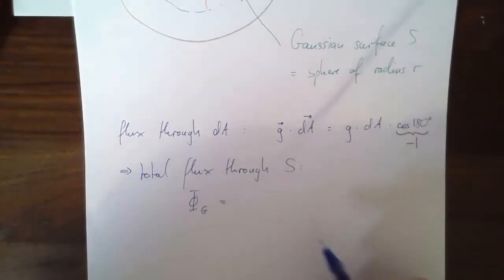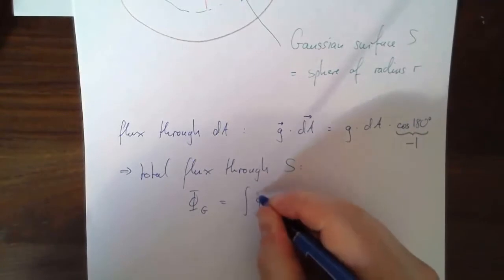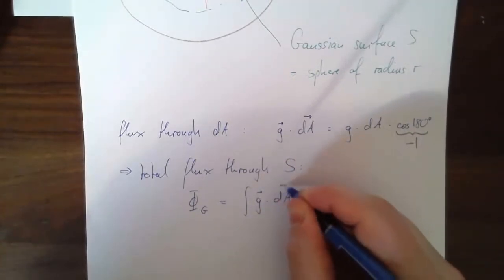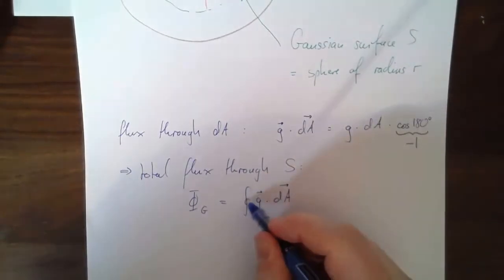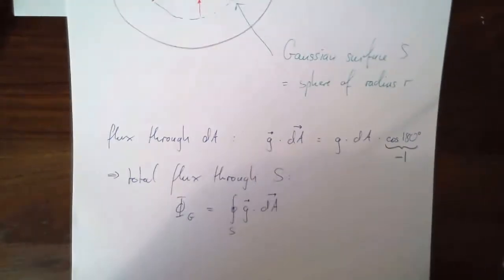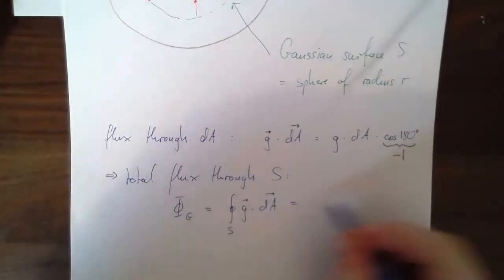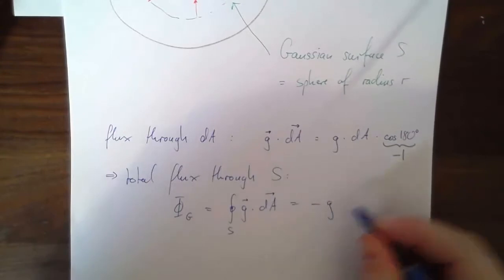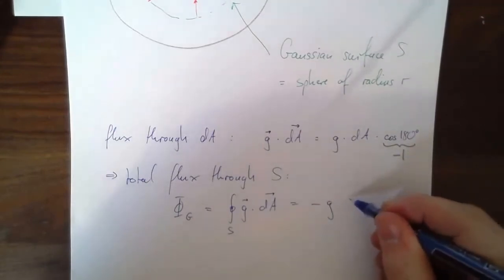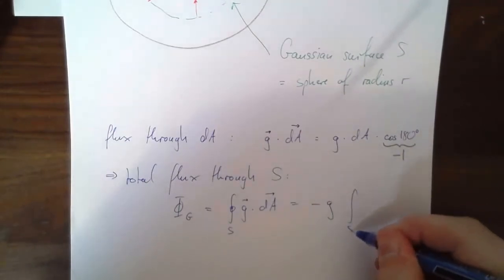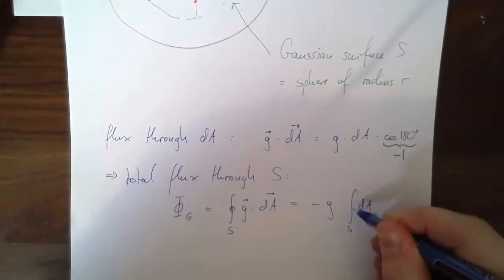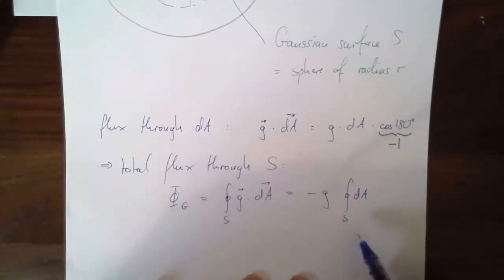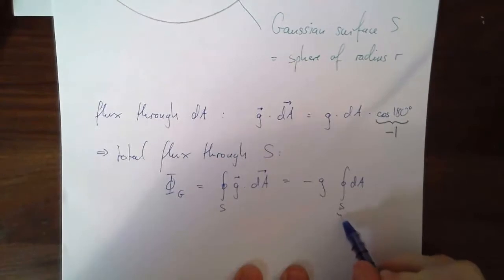Gravitational. It's going to be the integral of G dot dA over our surface S, but G is constant. There's a minus sign, minus G times the area. That is just a sphere.